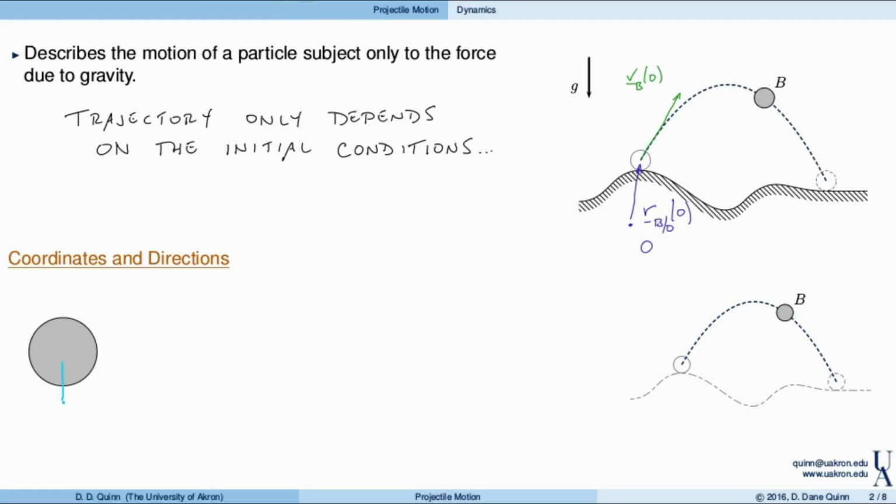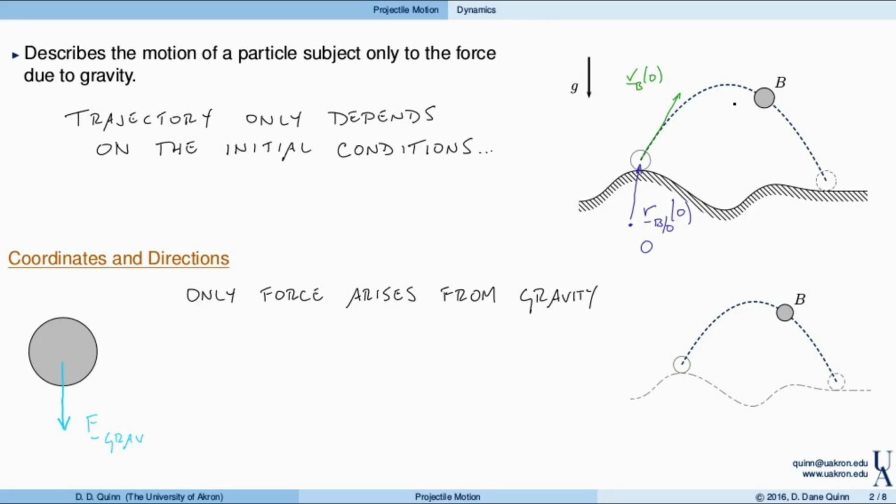Again, as we've said, projectile motion describes the motion only subject to the force due to gravity. So when we consider projectile motion, the only force acting on this particle arises from gravity, or the gravitational load.